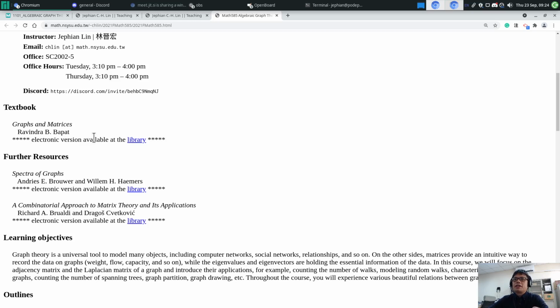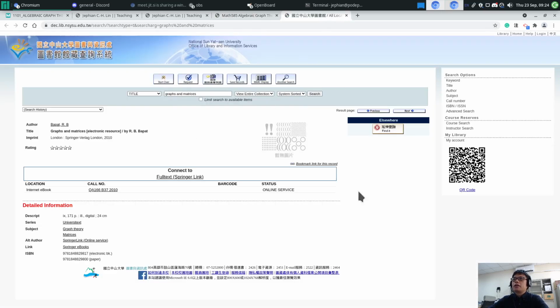And there is an electronic version available at the library. I believe the links here work. So you can click on that and go there. As long as you are on the school internet, inside the school domain, then you should be able to find this and connect to the full text. And so after you click on that, you are able to download the whole textbook. And this is legal, like legally you can use this book. Okay.